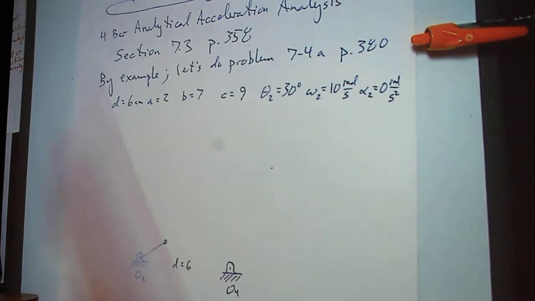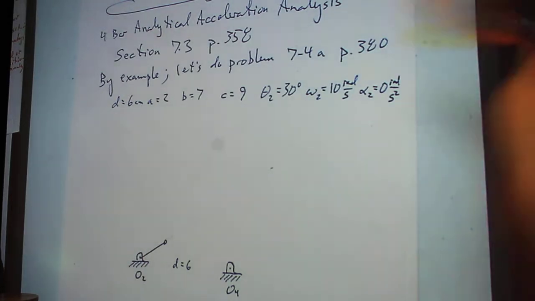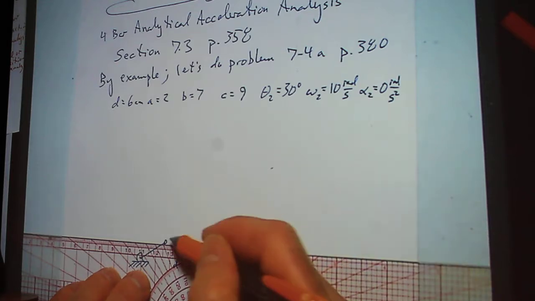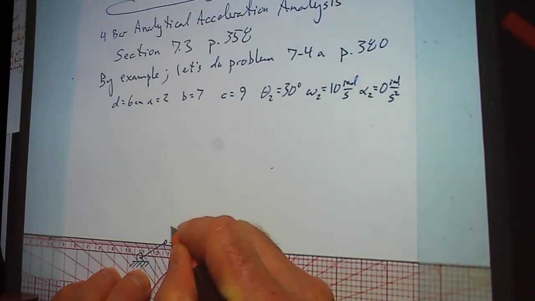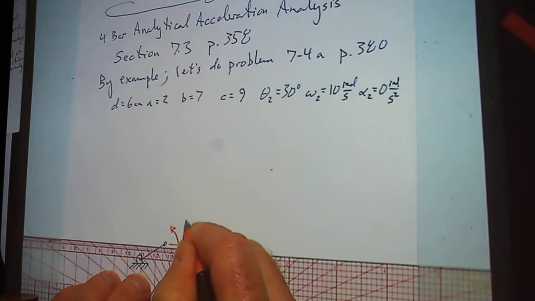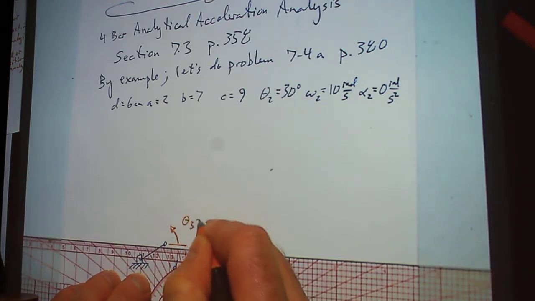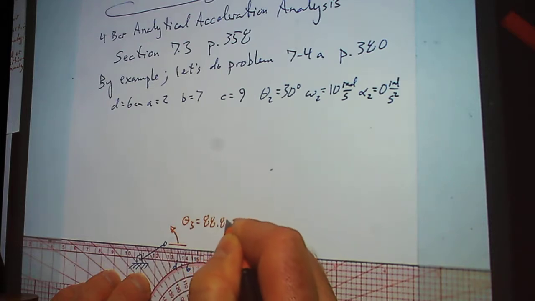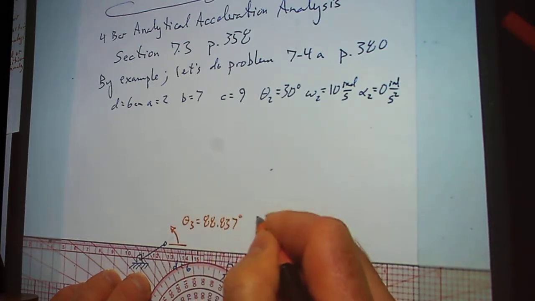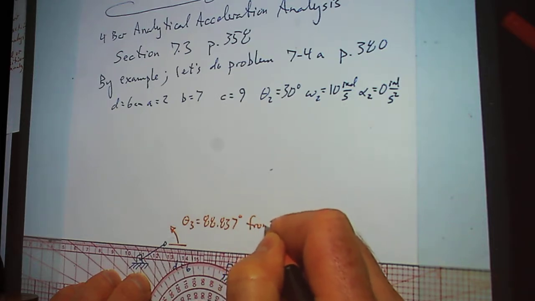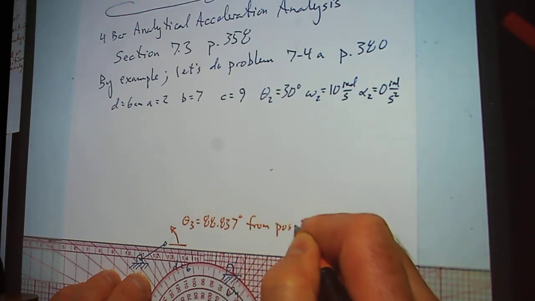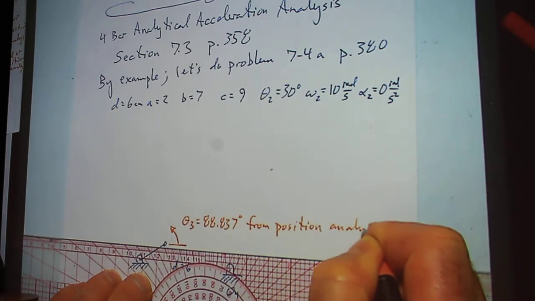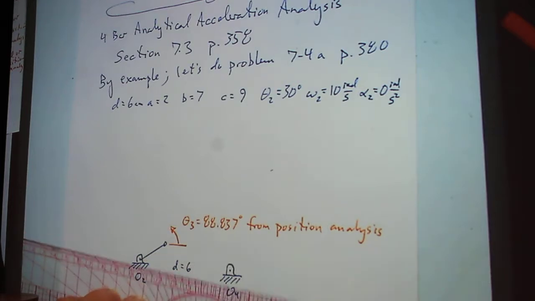And then I have this angle right here up to here, which is my theta 3 that I found earlier, which turns out to be 88.837 from my position analysis. So you have to do the position analysis first. Done earlier.